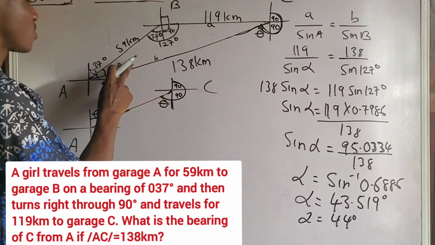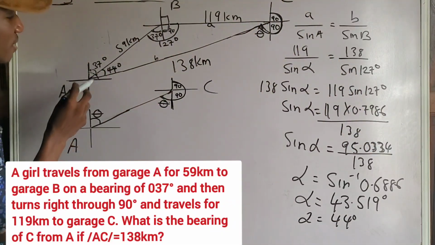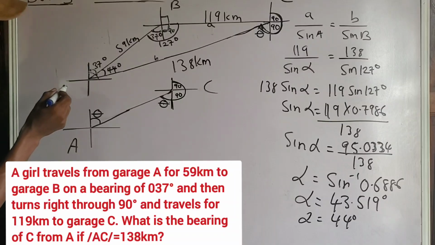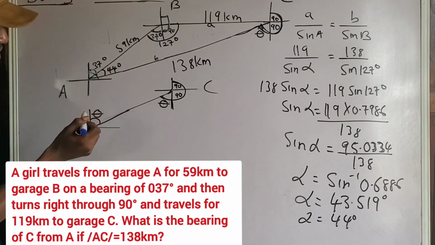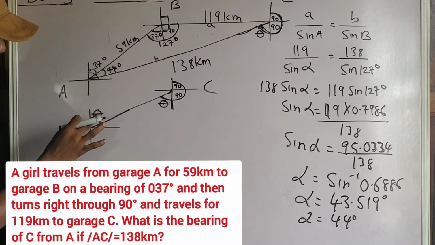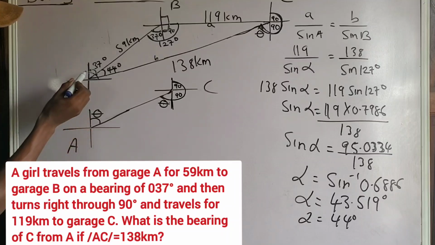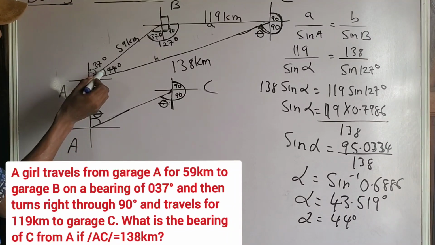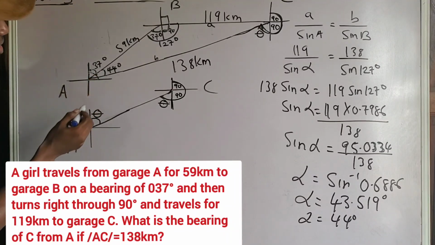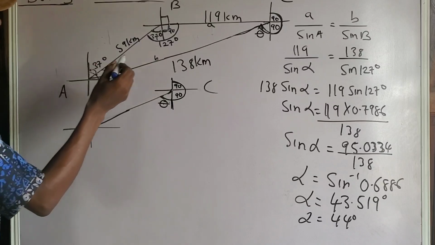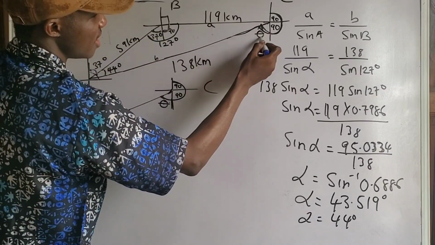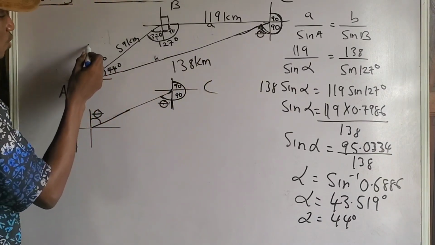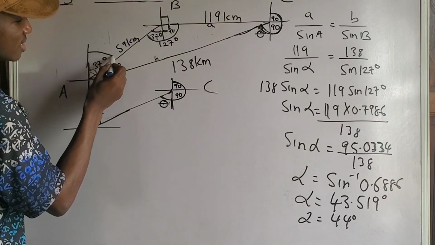So this angle that you see here is 44 degrees. Now listen to me carefully. This theta that you see here is alternate to the total angle that is here.